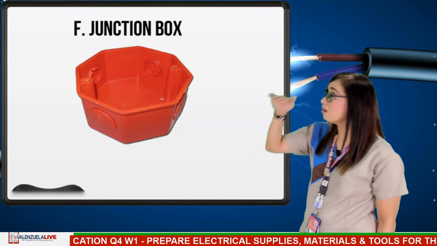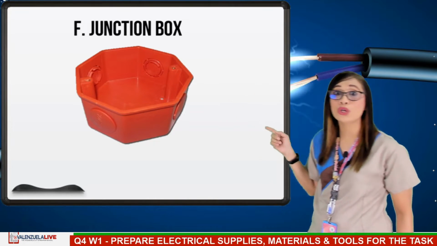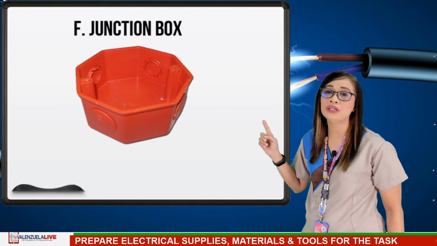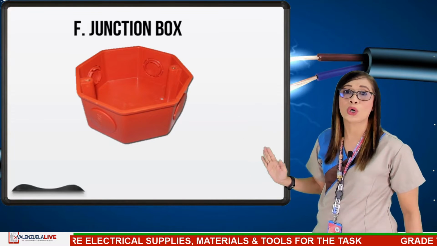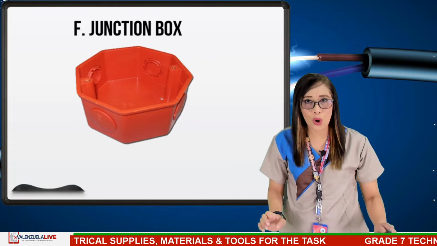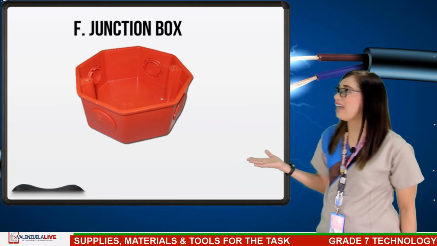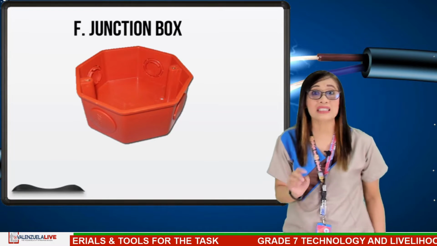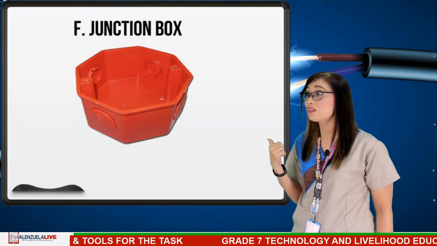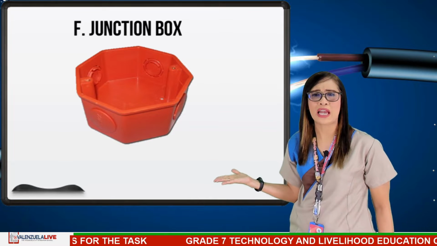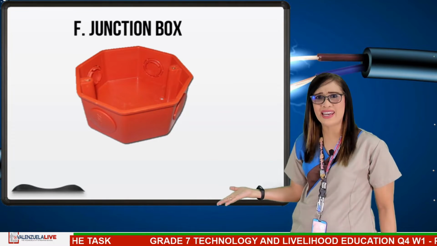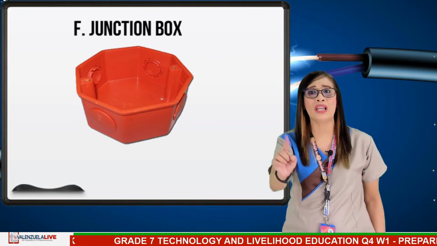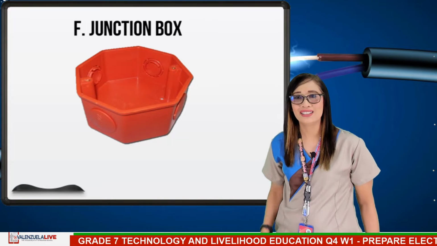This is an octagonal shape electrical material where the connection or joints of wires are being done. It is also where the flush type lamp holder is attached to. This could be a metal or plastic.